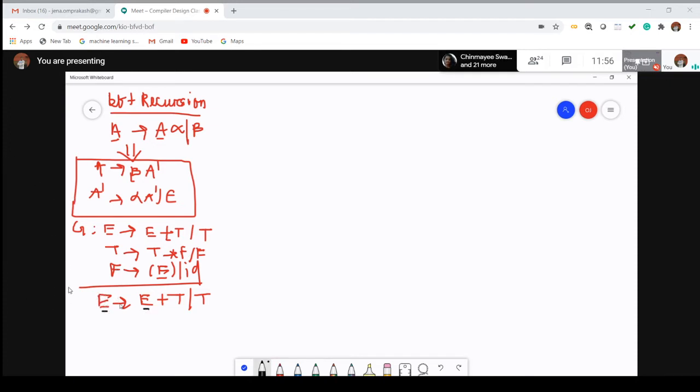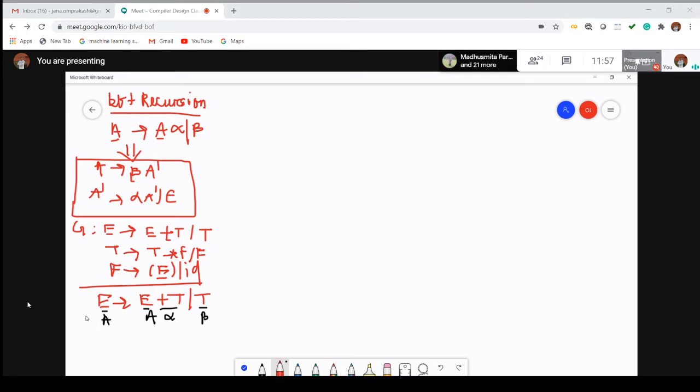Now I can represent this production in the form where this value equals A, this value equals A, and this plus T entirely equals alpha, this value equals beta. No need to go for the epsilon here; it is only in the form of A to A alpha or beta.